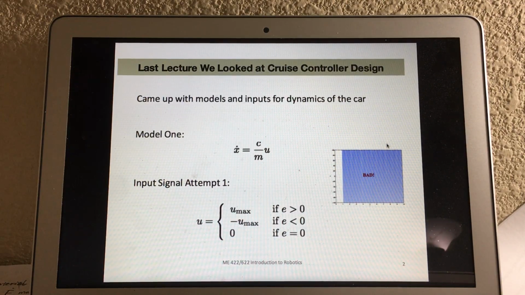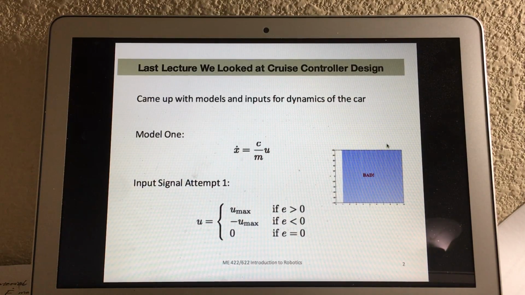So essentially, last time we looked at the cruise controller design, after we introduced the basic concepts for control in the first lecture. For this cruise controller design, we came up with models and inputs for the dynamics of the car.